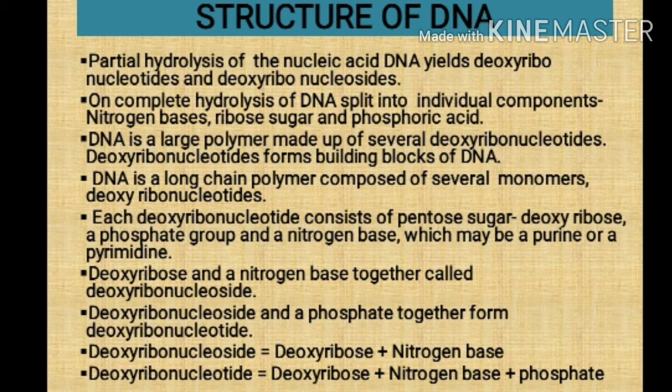Each deoxyribonucleotide contains a pentose sugar, 2-deoxyribose, a phosphate group and a nitrogen base, which may be a purine or a pyrimidine. Deoxyribose and nitrogen base together are called deoxyribonucleoside.